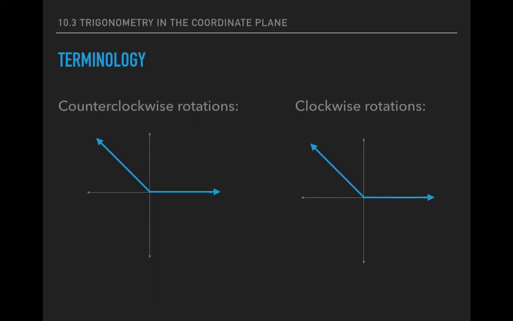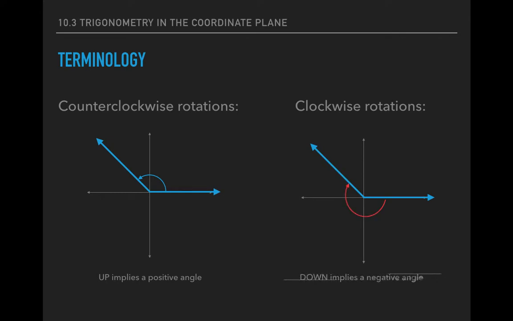Now you can have different types of rotations when you're in standard position. You could have a rotation like this, that is opening upwards, going counterclockwise. That upward movement implies that it is a positive angle, because going up is a positive motion. Now let me contrast that with this second one here. We are going down.